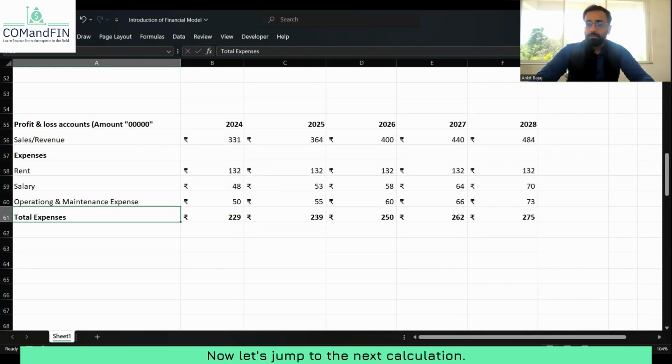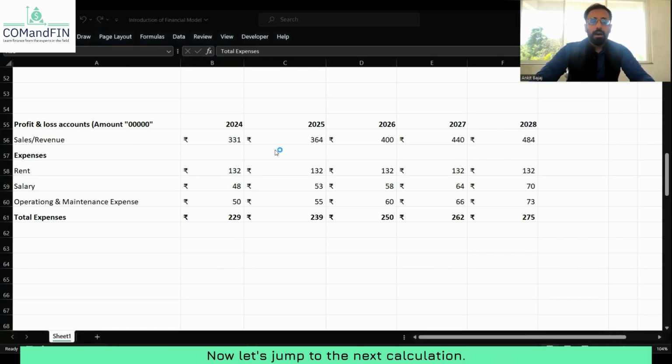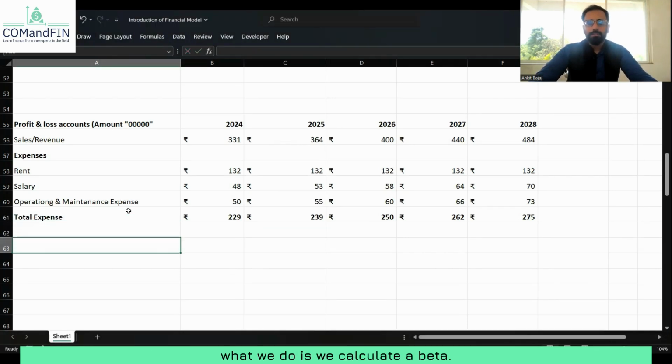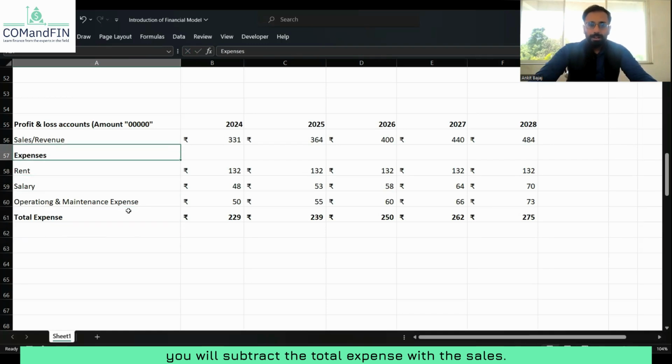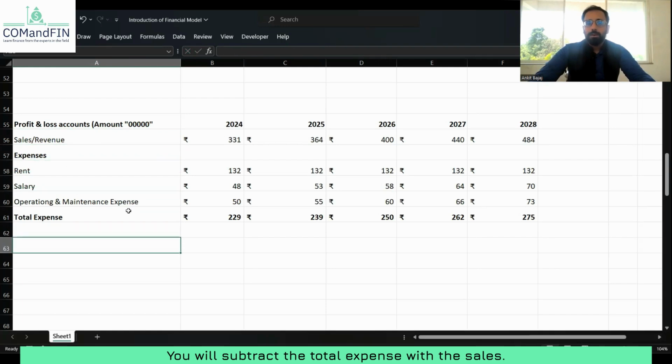Now let's jump to the next calculation. After calculation of total revenue and total expense, guys, here we calculate EBITDA. If you want to calculate the EBITDA, you will subtract the total expense from the sales, and then you will be able to calculate it. EBITDA is earnings before interest, tax, depreciation, and amortization.